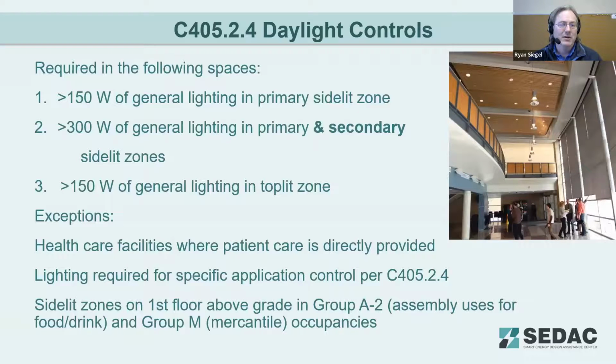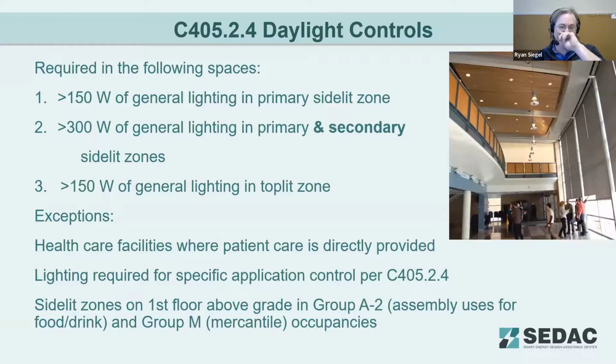So for daylight controls, first understand whether we have met the threshold. First, do we have at least 150 watts of general lighting? This does not include your task lights. This is your general lighting load, at least 150 watts, which, understanding a lot of fixtures nowadays are 25 watts, is about 6 fixtures in the daylit zone.